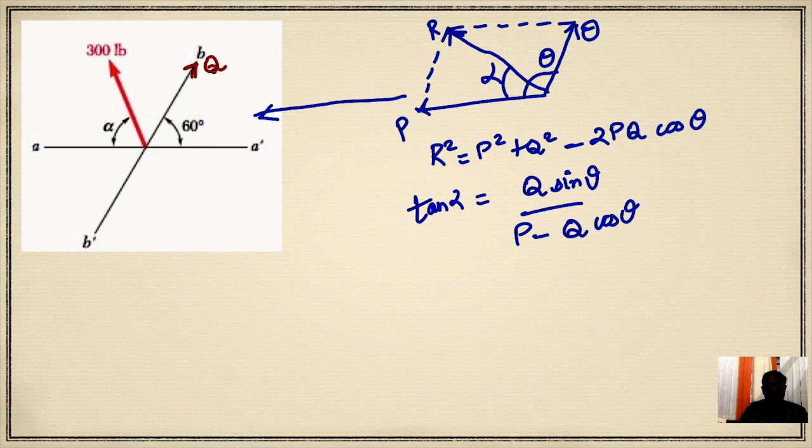Let me just take it as Q, and then I have another vector which is going to be acting in this particular direction as P. So once a parallelogram is being constructed, this is where your resultant will be acting, and this 300 pound is actually the resultant.